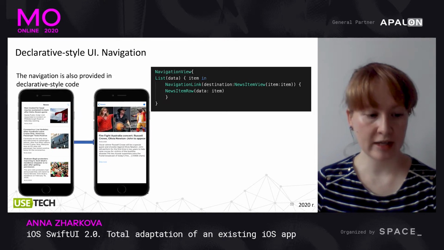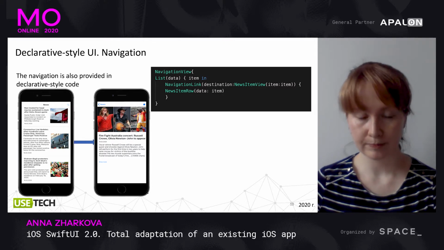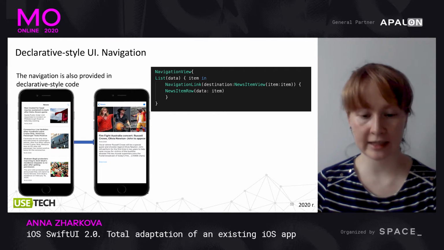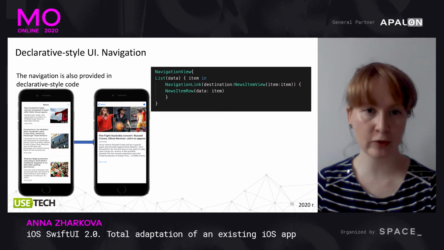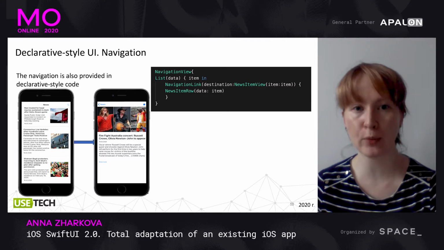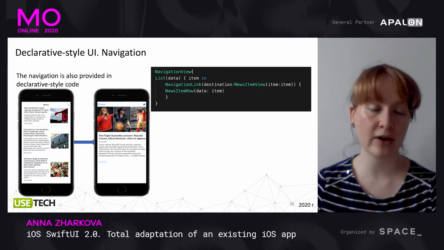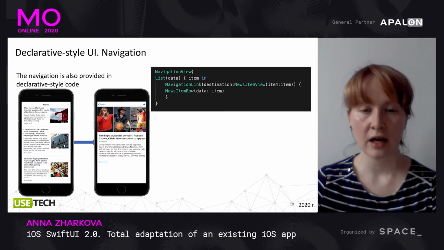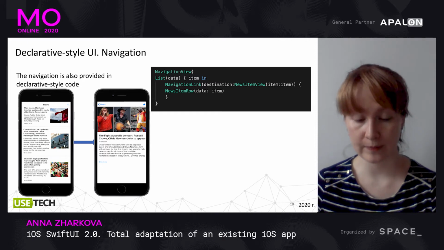Navigation is also provided in declarative style code. You have a destination view as a parameter of your NavigationLink. It is the main mechanism in SwiftUI to perform navigation, just like a push segue. So you specify the destination view and you specify the view that is wrapped in the navigation link, and interaction with this specified view will trigger the navigation event.